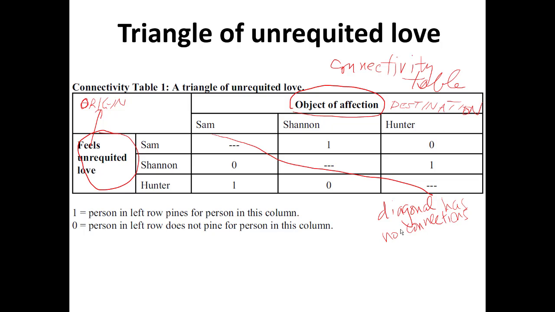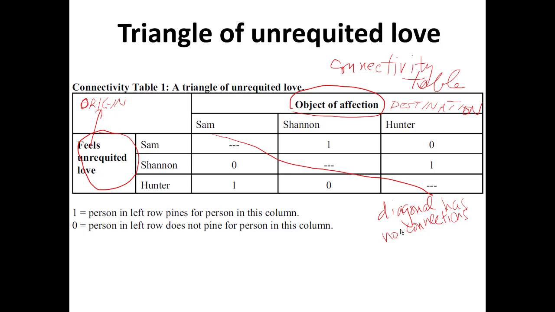It then tells us, okay, this is who feels the unrequited love. So Sam can't feel love for Sam, or romantic love, but can for Shannon, but doesn't for Hunter. So in this case, we get a 1 here to indicate the presence of that feeling, right?